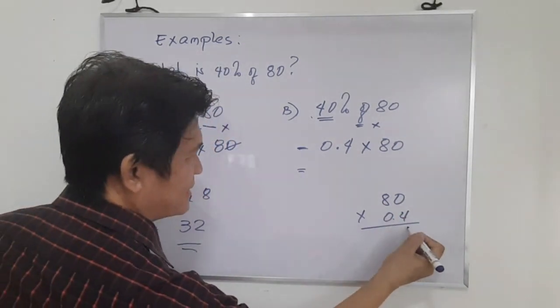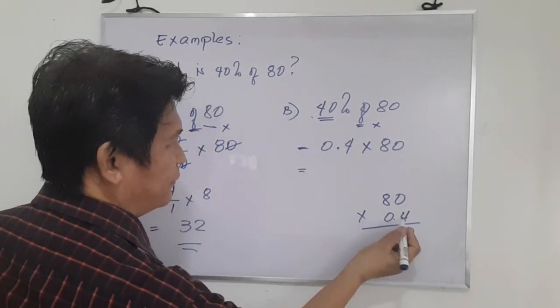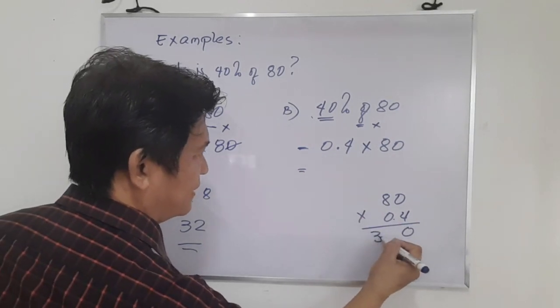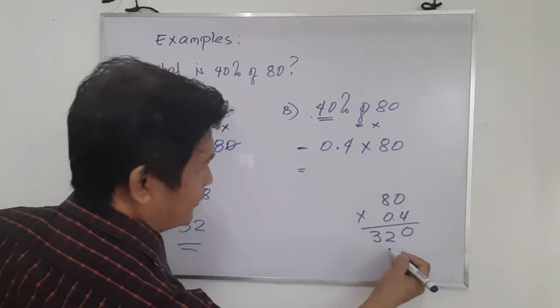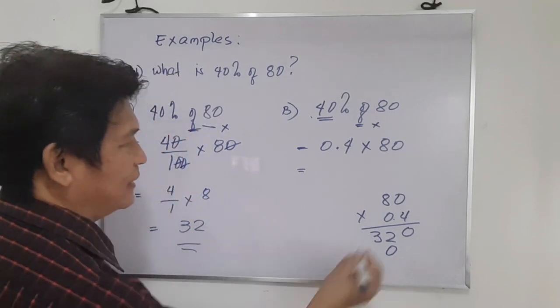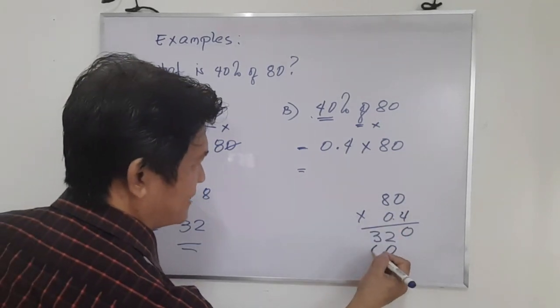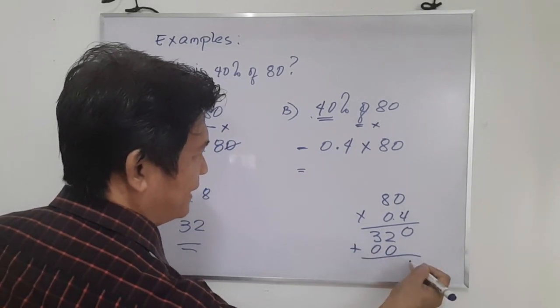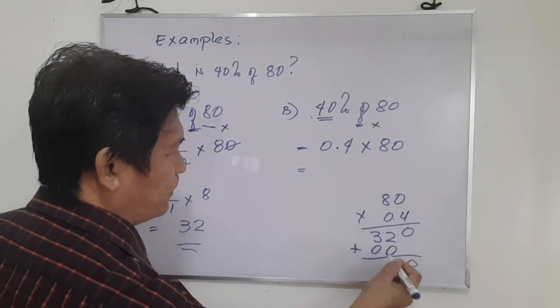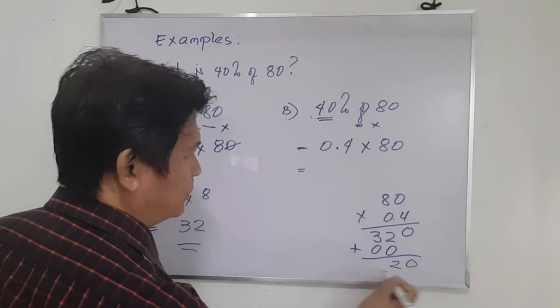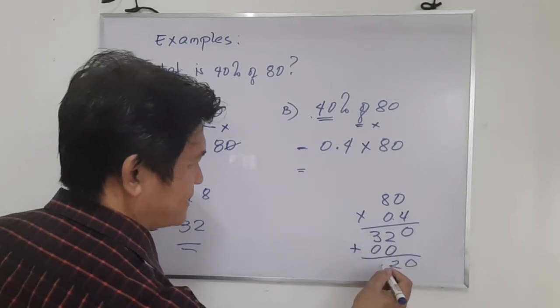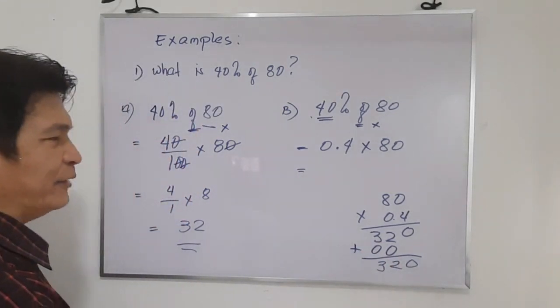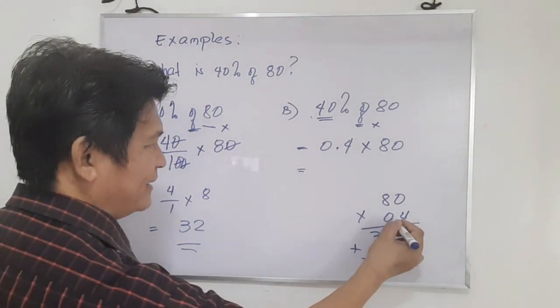4 times 0 is 0. 4 times 8 is 32. 0 times 0 is 0. 0 times 8 is 0. And then we add, bring down 0. 2 plus 0 is 2. 3 plus 0 is 3. And then we count our decimal places, which is 1.